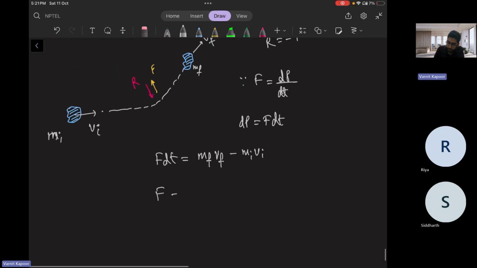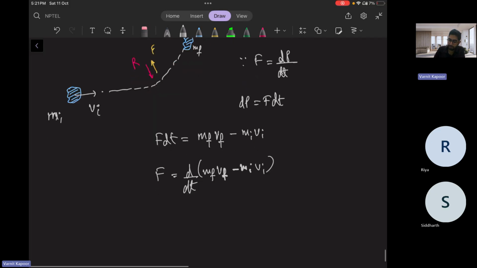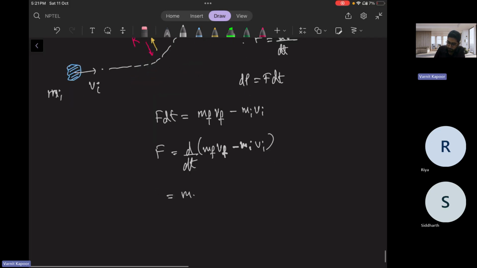So F will be d by dt of (m final v final minus m initial v initial). That means it is not the mass, it will be the mass flow rate. So m final dot v final minus m initial dot v initial, that is your net force.